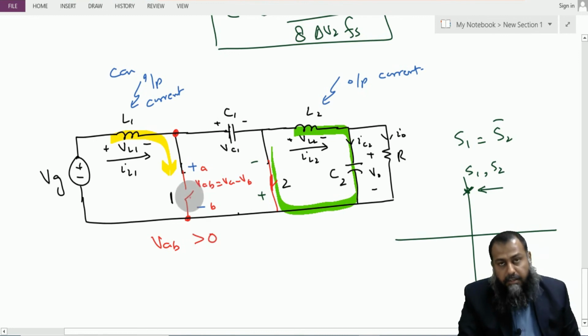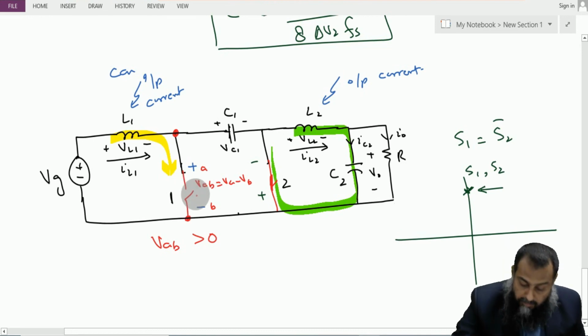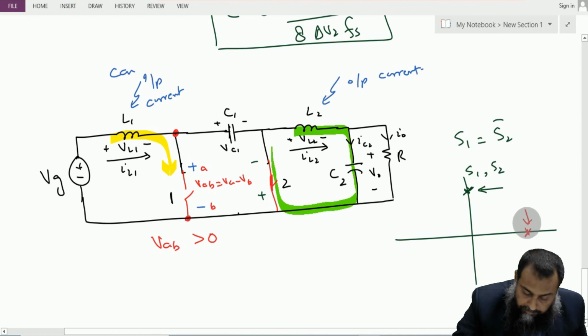Therefore, whatever device we want to have as switch number 1 should have the capability of blocking the positive voltage, and therefore this S1 can be a BJT, a MOSFET, or an IGBT.